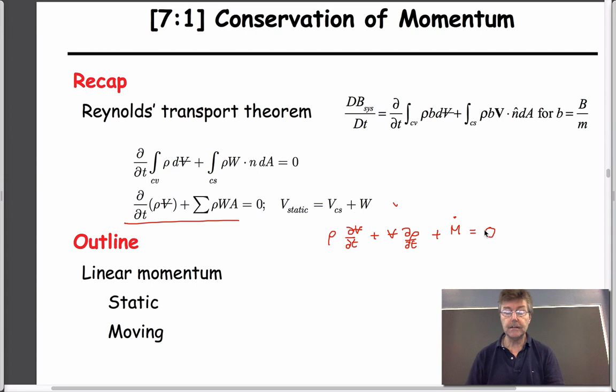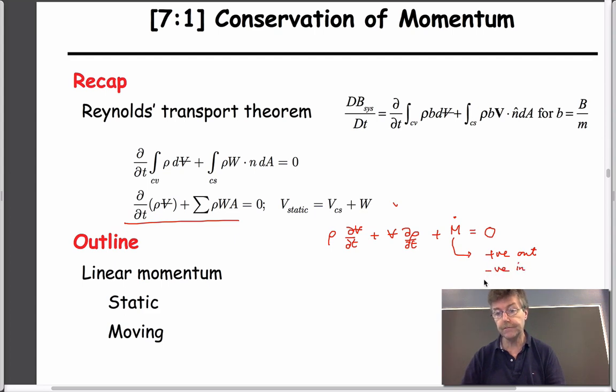The other component we had to deal with is that in looking at this mass rate, it was positive out, our sign convention, negative if it's in.